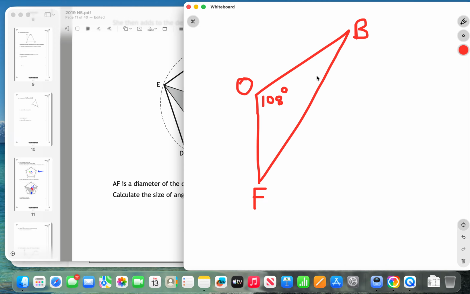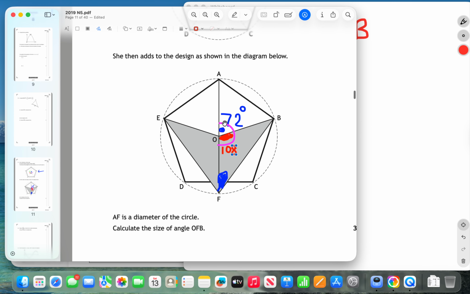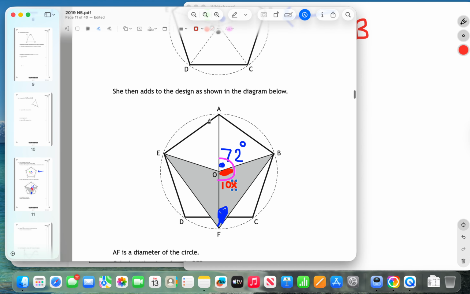But we're going to look at the fact that OF is a radius of the circle, and OB is also a radius, because B and F are both on the circumference and O is at the centre.